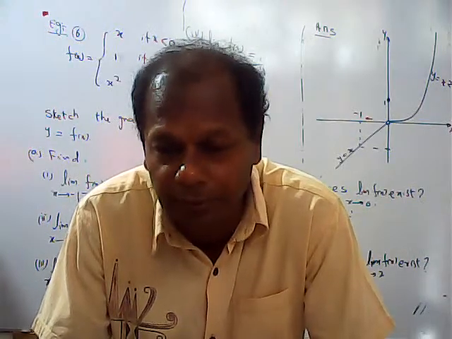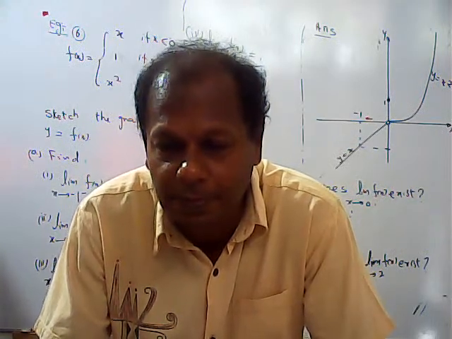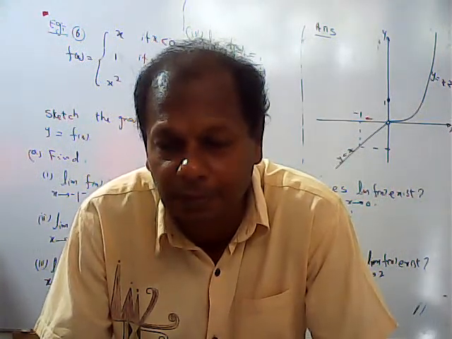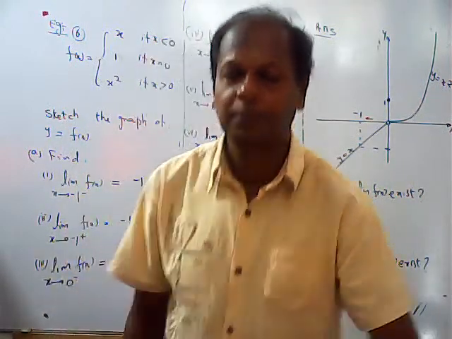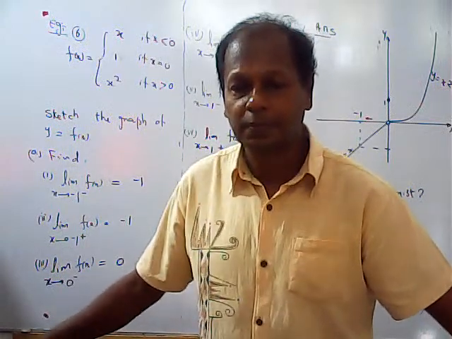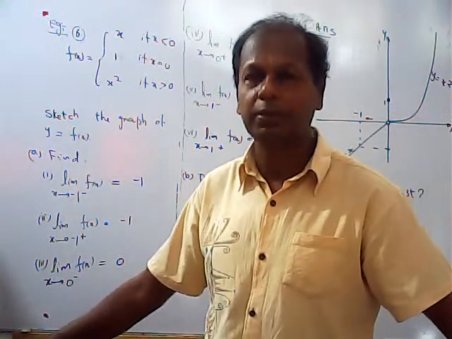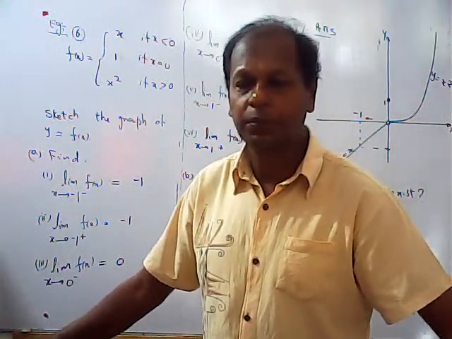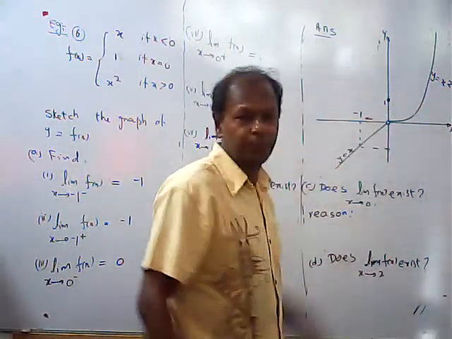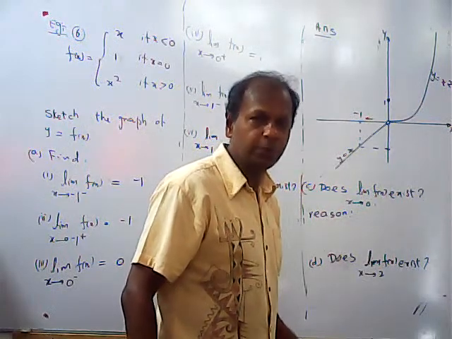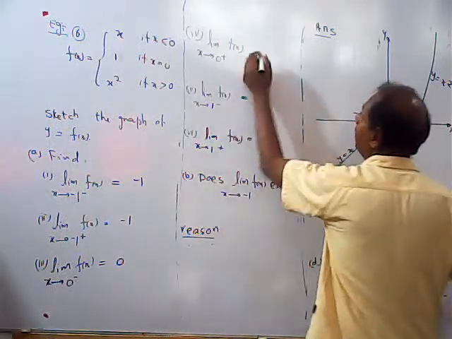Olina says 0. The others? Yes, it is. So the right limit is also equal to 0. You get closer to 0 from the right side, the function value gets closer to 0. Your answer is correct. Right? It's 0. Right limit is also 0.